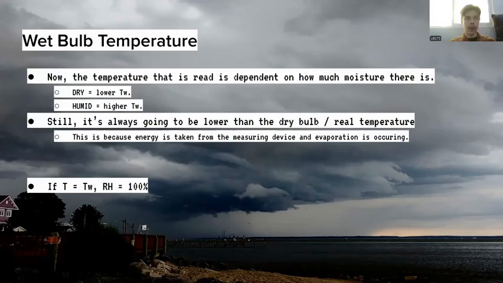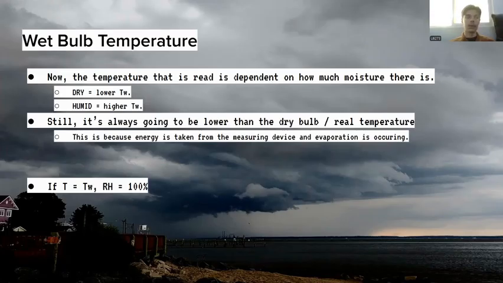So if the air surrounding that cloth surrounding the bulb was dry, we're going to get a lower recorded wet bulb temperature, which is what that TW means, T subscript W. If it's humid, then it's going to be a higher recorded temperature.